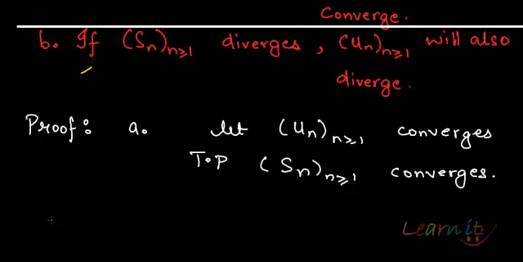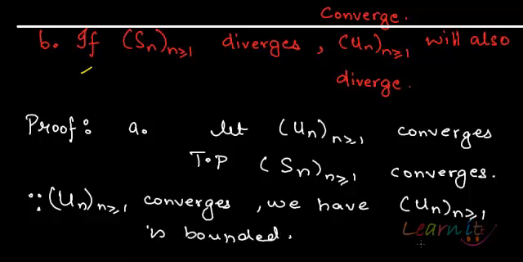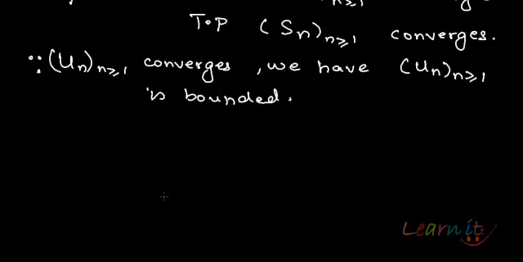Now, Un converges, so that means that Un is bounded. Un is bounded because it's convergent, so it implies it's bounded.